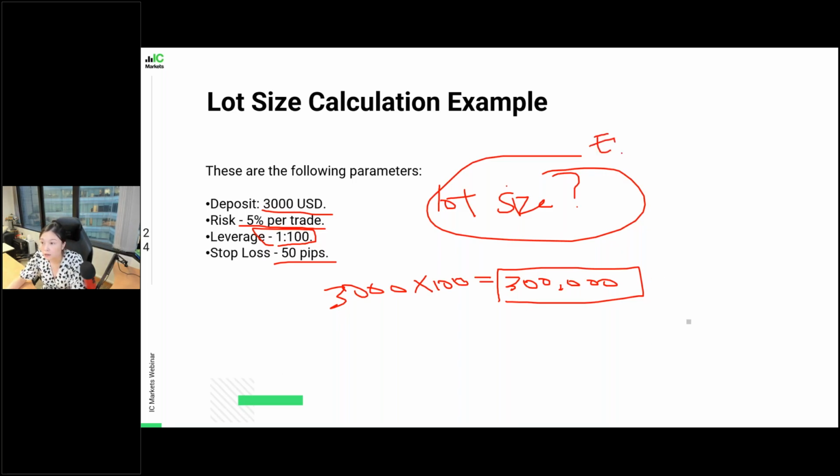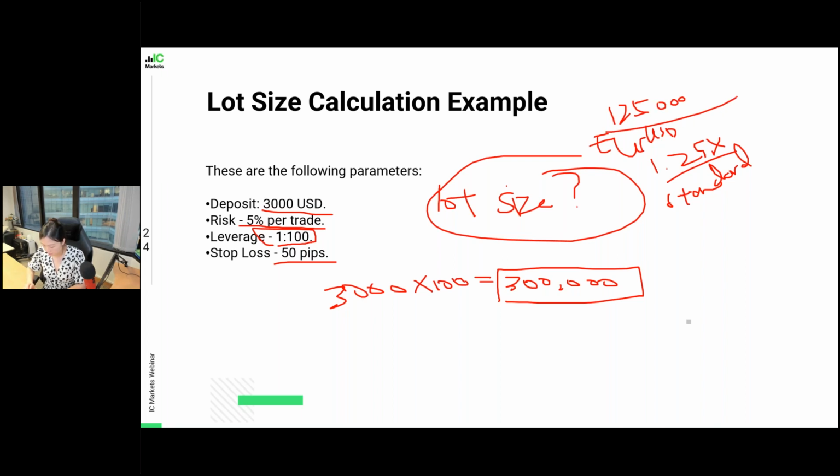For Euro USD at 1.25, if I were to trade a standard lot of 1.25 times 100,000, I can have 2.4 standard lots, given that Euro USD is 1.25 and my account has $300,000.